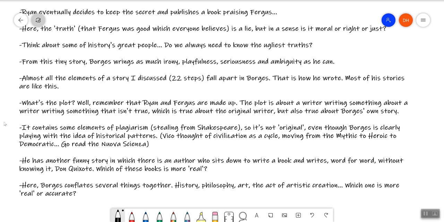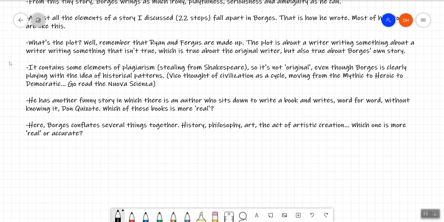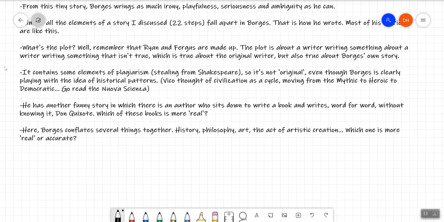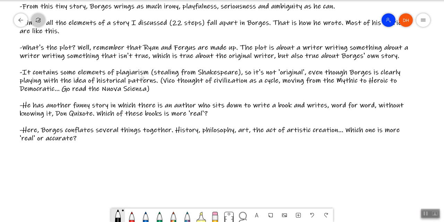Now, the story inside the story contains some elements of plagiarism. Okay? That is, remember, they're stealing from Shakespeare to make the assassination plot more plausible or credible. So even the story within the story within the story is not original. Even though Borges is playing with the idea of historical patterns.